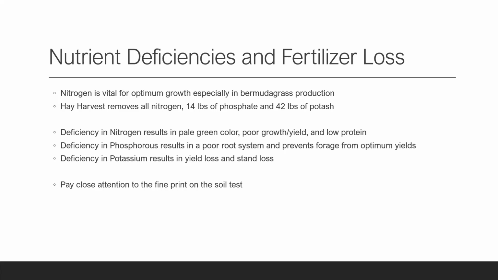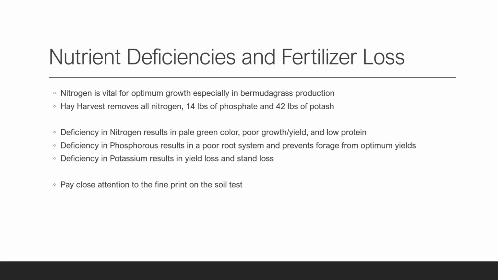If you didn't come back and fertilize, like that fine print that I showed you on a soil test a little while ago, if you didn't come back and put that additional 40, 50, 60, 70 pounds of nitrogen after every hay cutting or after every graze down, with cattle in a pasture situation, we get some nitrogen recycling that takes place out of there. So that's why we're not referring to it as much right now on this fertilizer loss that we see.